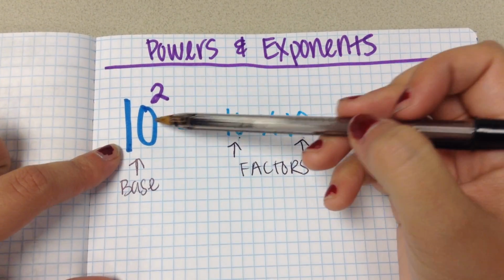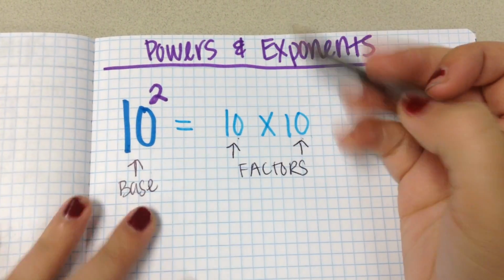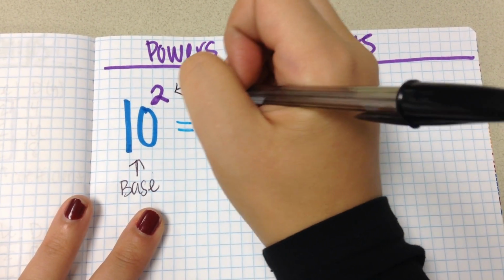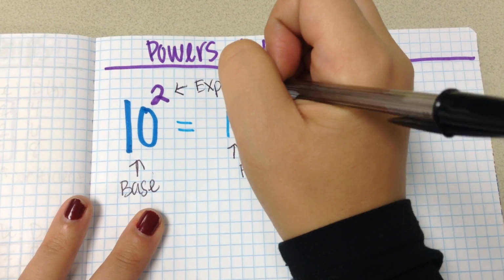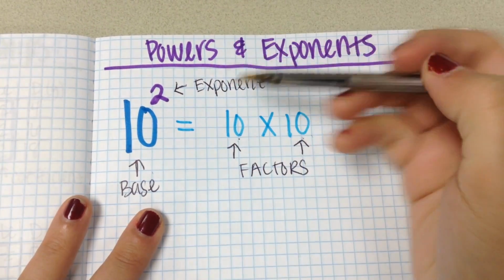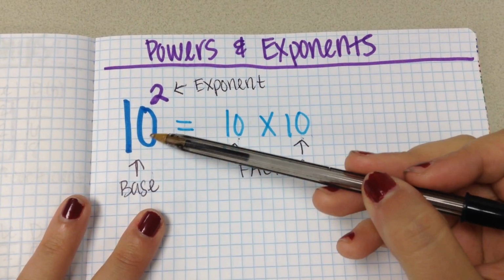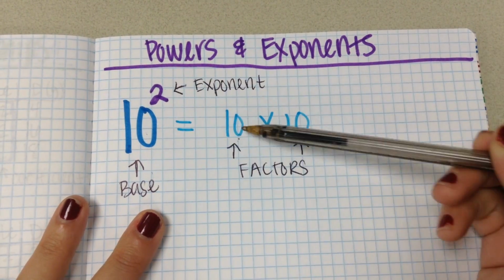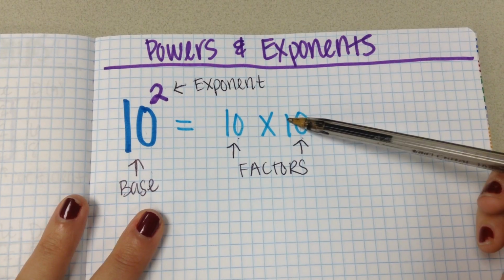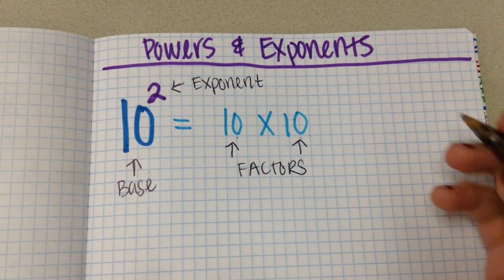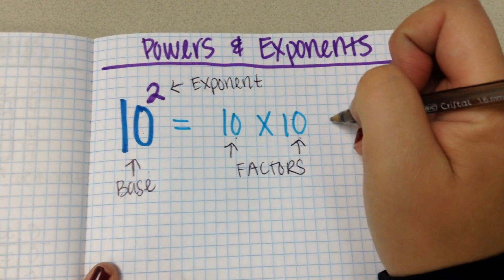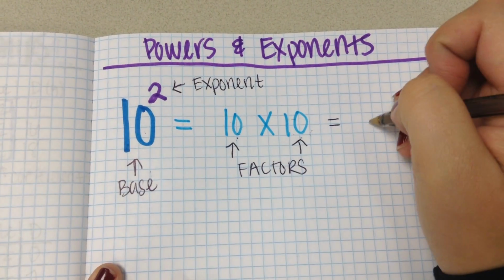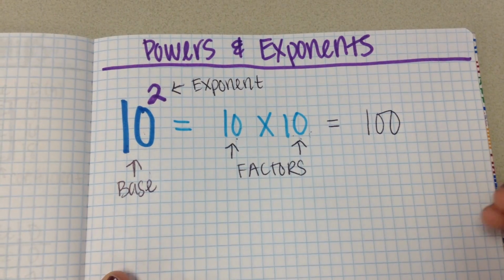Okay, remember base, bottom. And this number right here is the exponent. And the exponent is telling you how many times am I going to multiply this 10 by itself. So I'm going to multiply 10 twice. So if you multiply 10 times 10, that's going to give you 100.